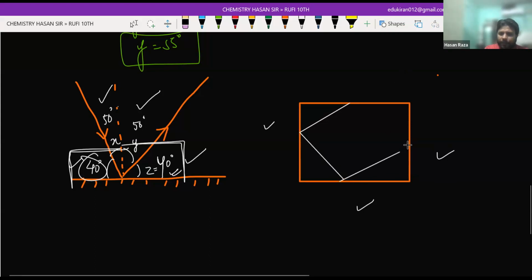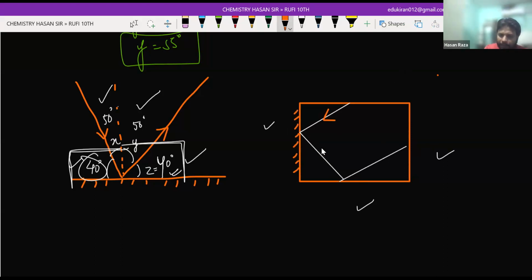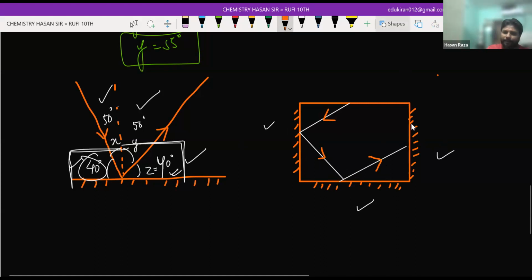Just wait a minute, please. Let's say like this. Okay. Let's say this is your incident ray for this mirror, and a reflected ray for the left mirror, and this reflected ray will be the incident ray for the bottom mirror, and this ray will be the reflected ray for the bottom mirror and the incident ray for the right mirror.